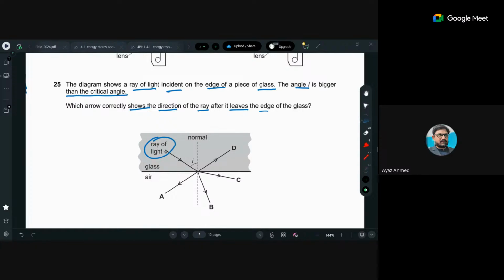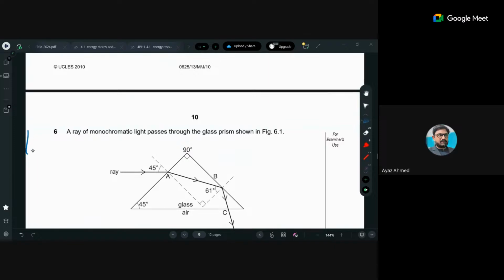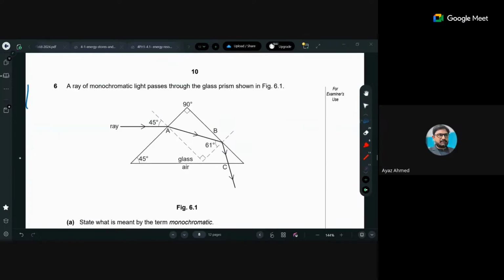It enters from here, and this angle of incidence is greater than the critical angle. So it would bounce back in the denser medium. Total internal reflection is taking place. So which option is correct? D. Got it? Yes.